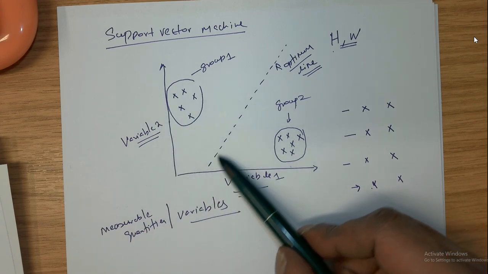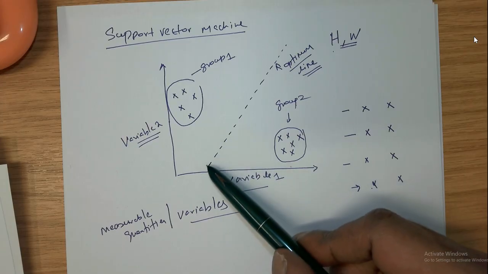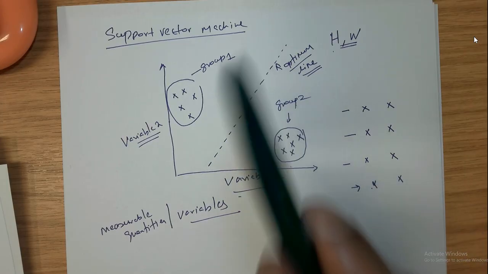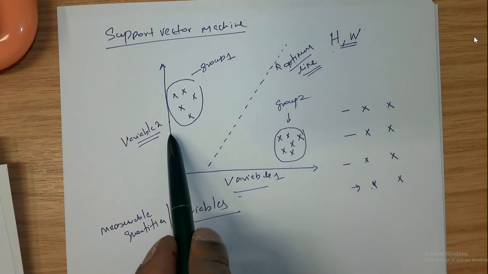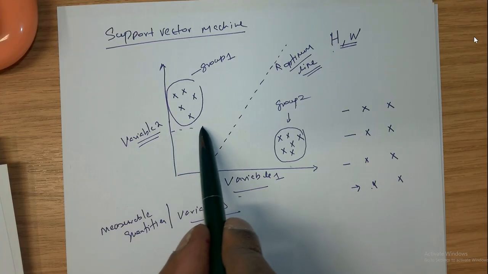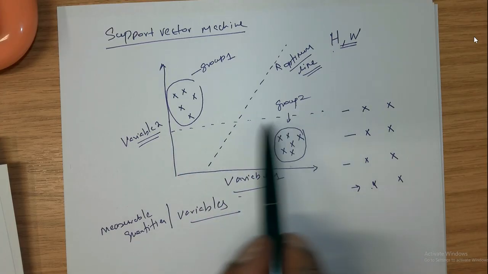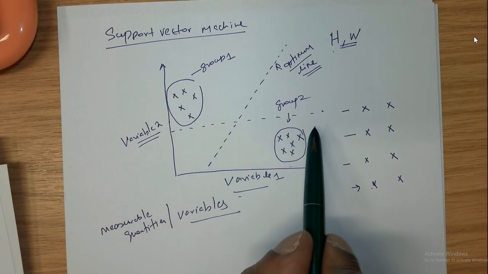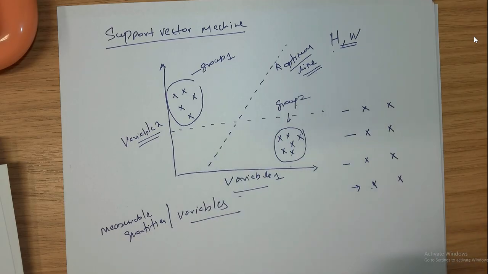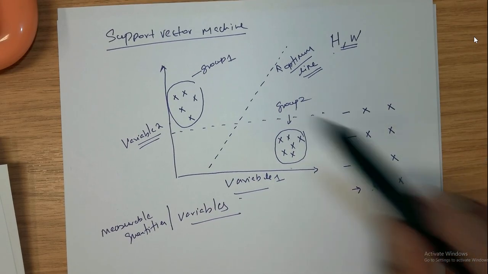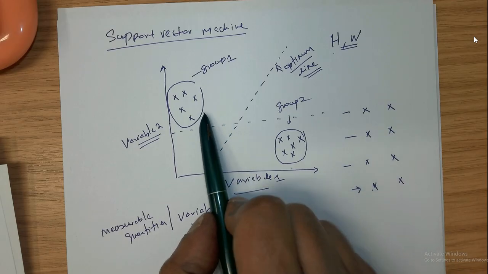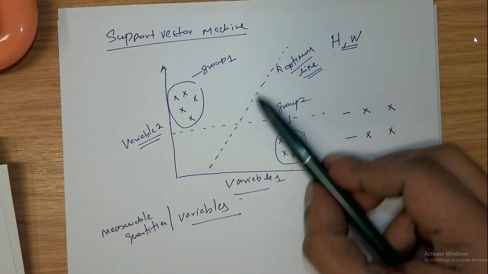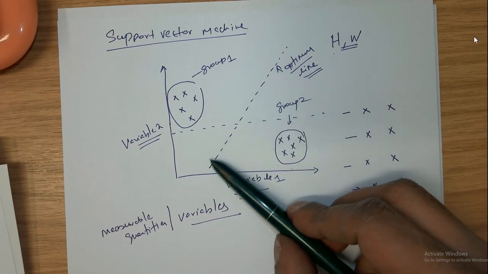That line should be in the right position, and also in the right direction. Imagine that I can draw one line like that. That also separates group 1 from group 2, but this is not an ideal line. I will explain that later, but for the moment keep this in mind. We have to find the optimum location and the direction of this line.